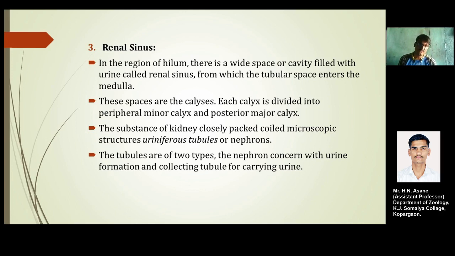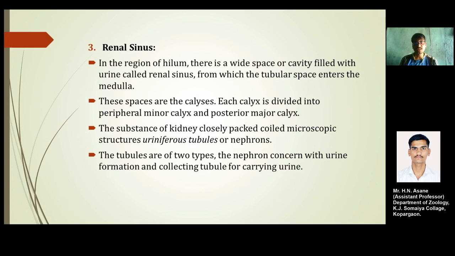So the substance of a kidney is loosely packed coiled microscopic structures, and these are known as the uriniferous tubules, also known as the nephrons. These nephrons and uriniferous tubules are the portions where the actual blood filtration occurs, and the excess water from your blood or your body is filtered out by these uriniferous tubules or nephrons.